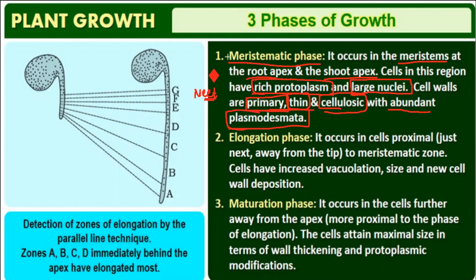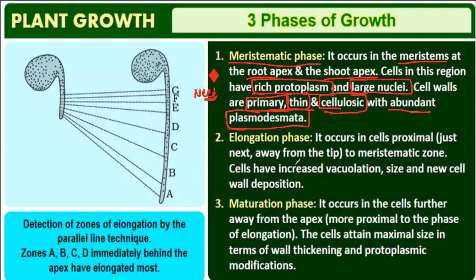Just bookmark that particular point and study when you go further. So the cells of the meristematic tissue have rich protoplasm, a large nucleus, a primary thin cellulosic wall and abundant plasmodesmata.